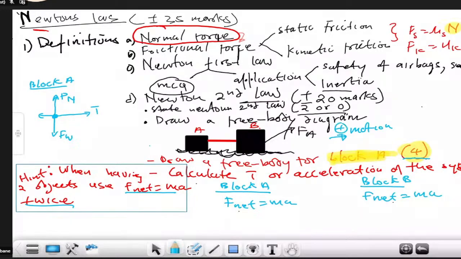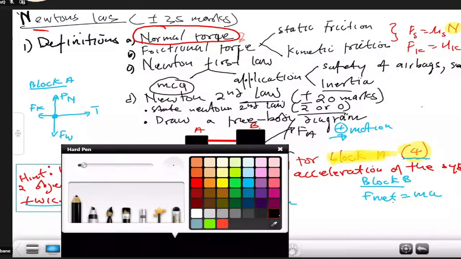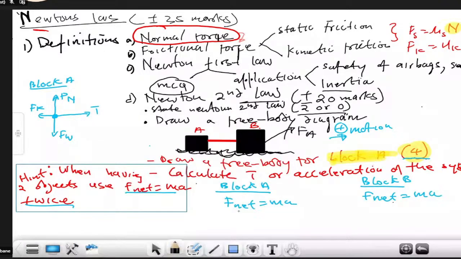So when it comes to application of Newton's second law, very easy. Fnet is equal to what? Tension plus Fk, which is equal to ma. But can you see that it becomes a problem if I do not have a correct free body diagram. Then tension must be positive, friction must be negative, and this just becomes our Fa. Then this will be equation number 1.